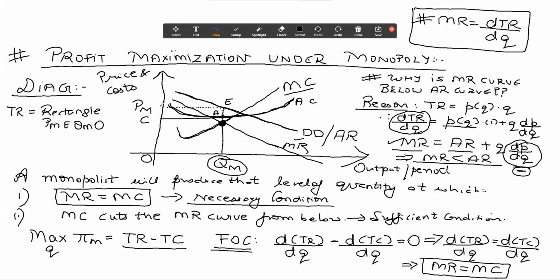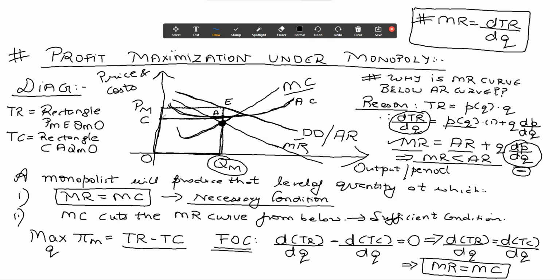So this whole rectangle PME QMO is my total revenue, and my total cost is the rectangle CAQMO. My total cost is C A Q M O.